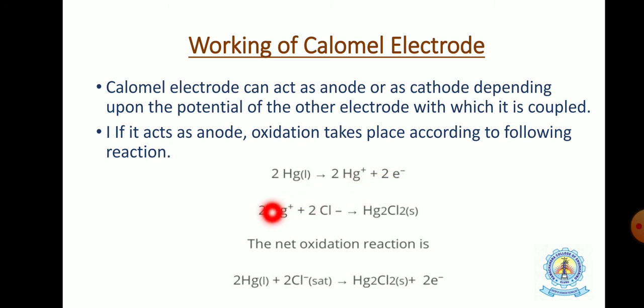These ions react with the chloride ions from the KCl and produce mercurous chloride. In this case, the consumption of chloride ions is more because chloride ions are participating in the reaction. So automatically the concentration of the saturated KCl will decrease when the calomel electrode is acting as anode.